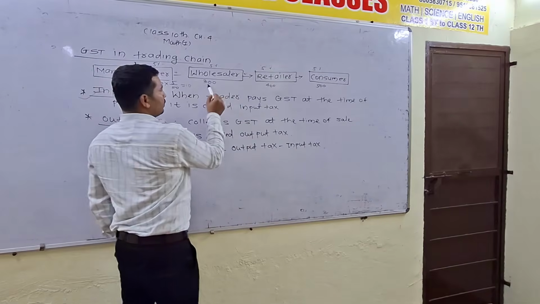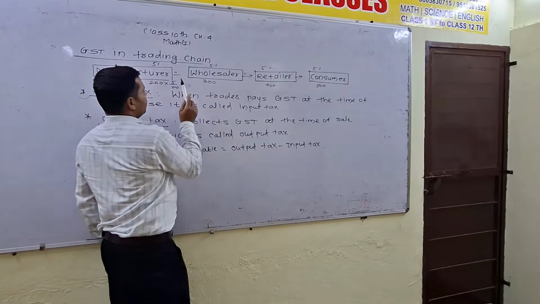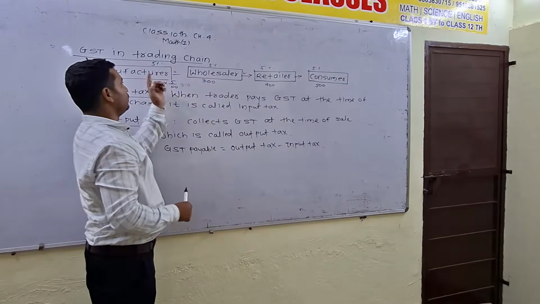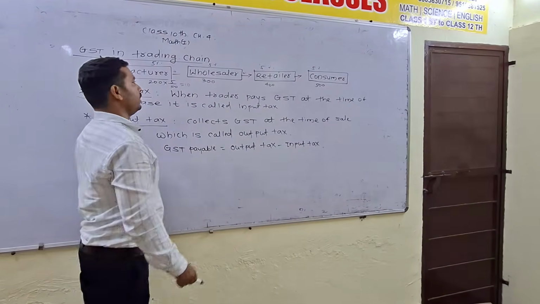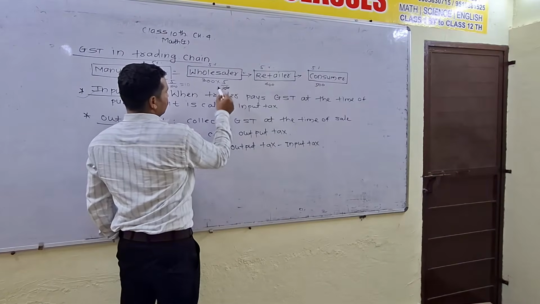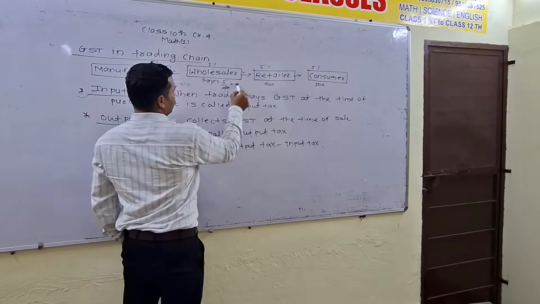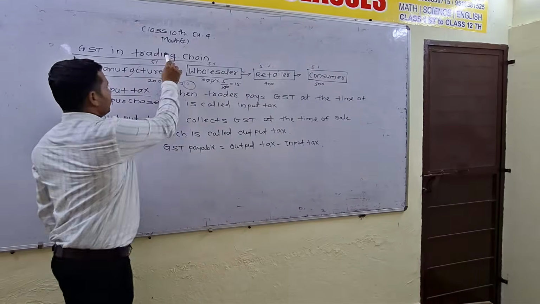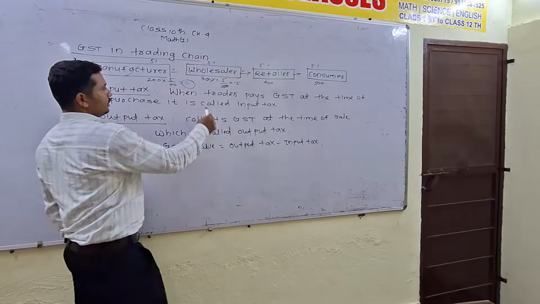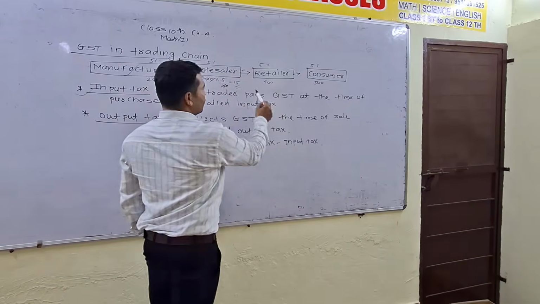Second is the wholesaler, where the price has increased. The wholesaler takes it from the manufacturer at 300 rupees. 5% GST: the zeros cancel, and 3 fives are 15 rupees. The manufacturer paid 10 rupees GST and the wholesaler paid 15 rupees GST.